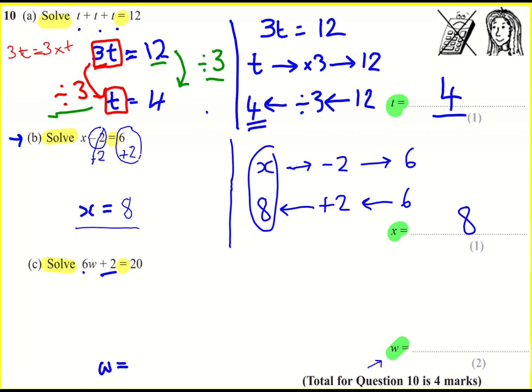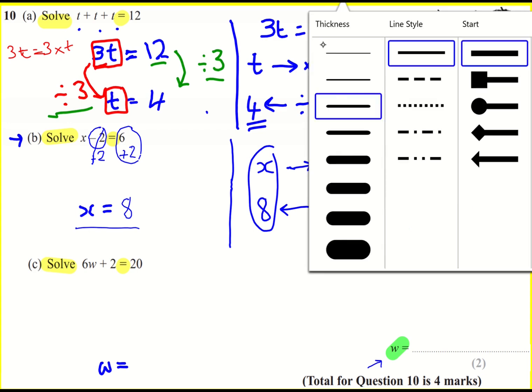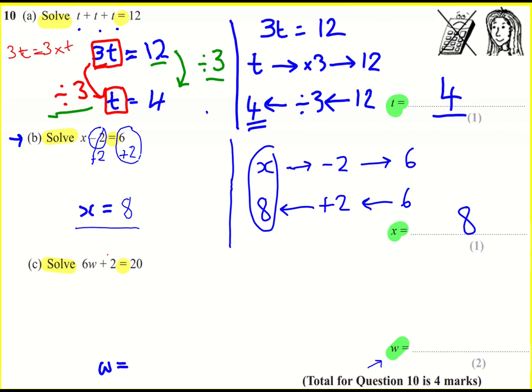What you want to do with equations like this is deal with everything that is not attached to the w first, okay? So what's not attached to the w is the +2. So I'm going to get rid of that, a bit like I did up here, by subtracting 2. But if I do that there, I must do it here.